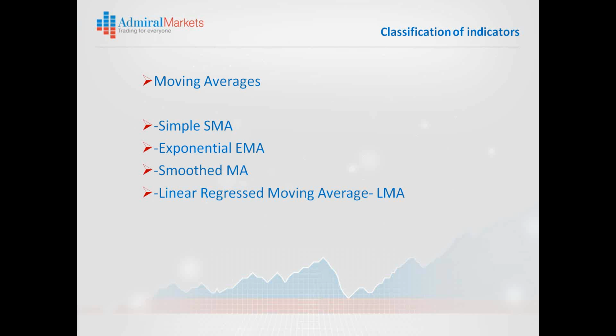So I would like to say that we cannot classify moving averages in any of the above mentioned sorts of indicators. They are neither leading nor lagging. They are a separate tool because they depict dynamic support and resistance levels.